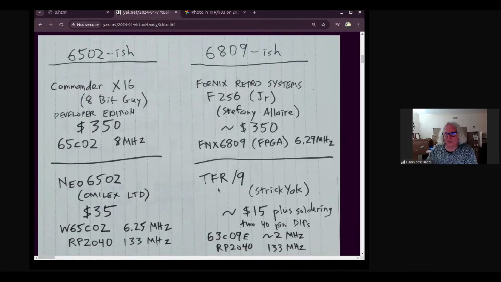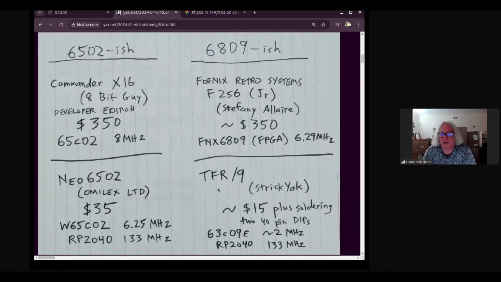And here's a little comparison of this modern retro territory. On the left-hand side, the 6502, here's 2 example machines. The 8-bit guy on YouTube, who's fantastic, has done the Commander X16, which is a very admirable board. It's pricey though. The developer edition's $350, I believe.